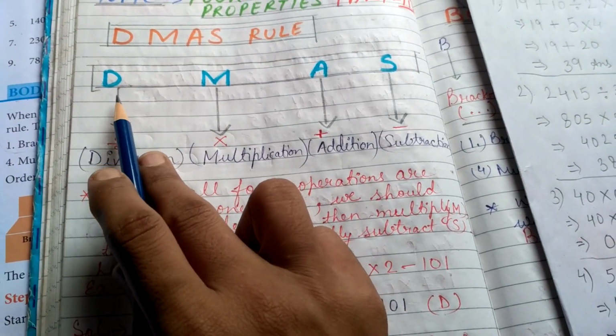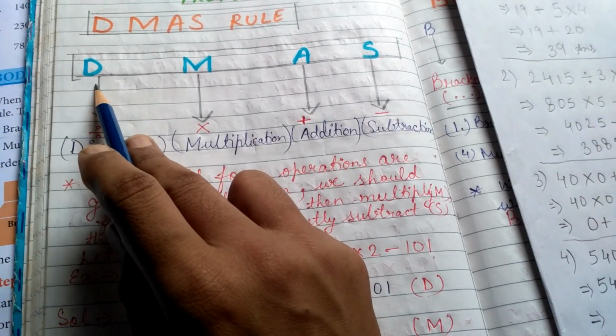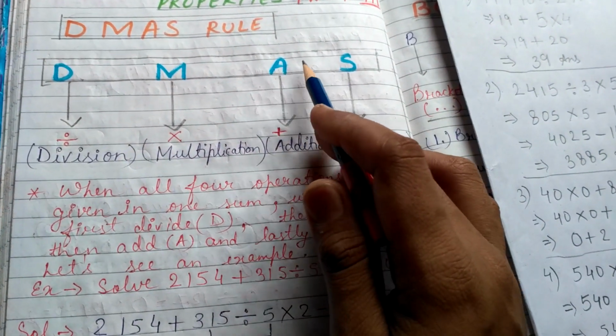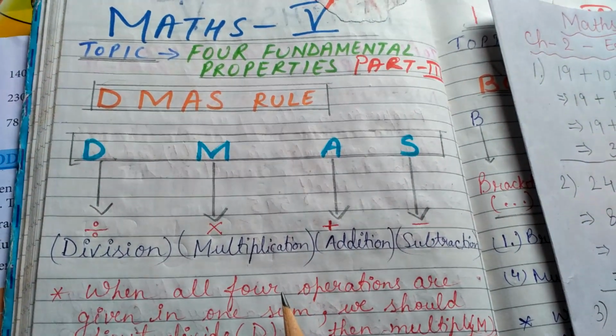That is the DMAS rule. First we do the division operation, then we attempt the multiplication operation, then we do the addition operation, and only then we come to the subtraction operation.